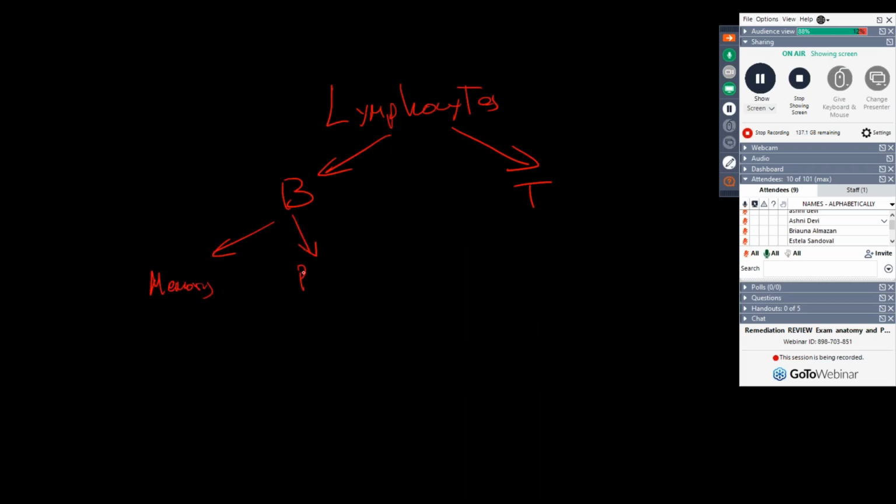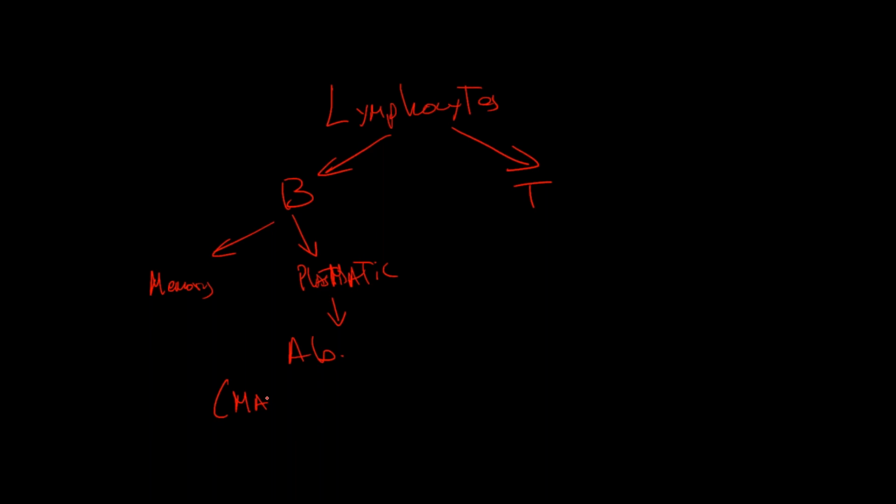And the plasmatic cells. This is important, plasmatic cells. These plasmatic cells are going to produce the antibodies. Antibodies are the markers for destruction. And the lymphocyte T, we have the CD4, that is the T helper.